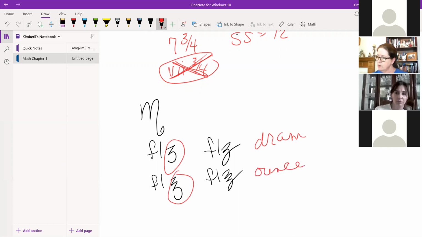If they write it using these symbols, then you can say that there's more bounce to the ounce. Okay, so there's an extra loop on ounce. Okay, and an ounce is 8 drams.